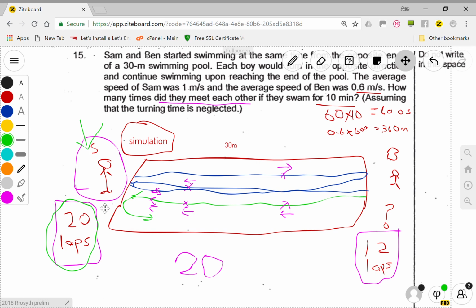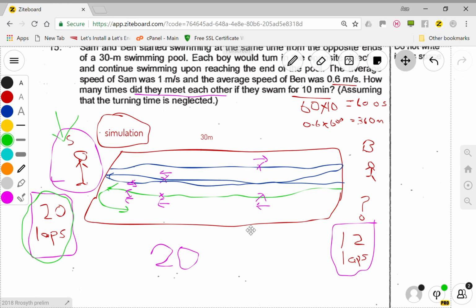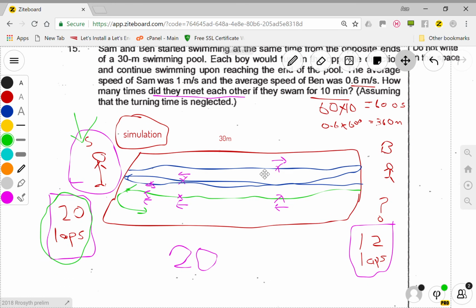Not this one, but something like that. You cannot prepare for it. You just got to read and figure out on the spot what it is. It's very interesting because this type will really sieve out those who are really good, the people who can think on the spot.